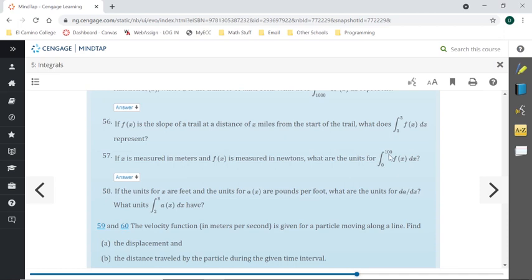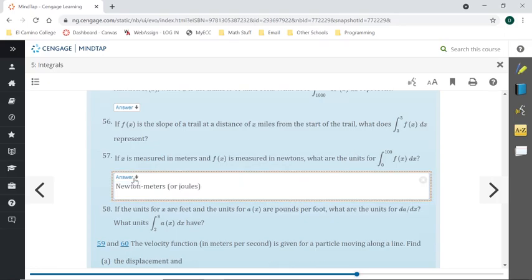In other words, if an object were displaced over 100 meters, then this integral is telling us how much energy would be required, because it's going to be telling us the amount of newton meters. So newtons times meters would be the units. Another name for that would be joules, and that is a measurement of the amount of energy.